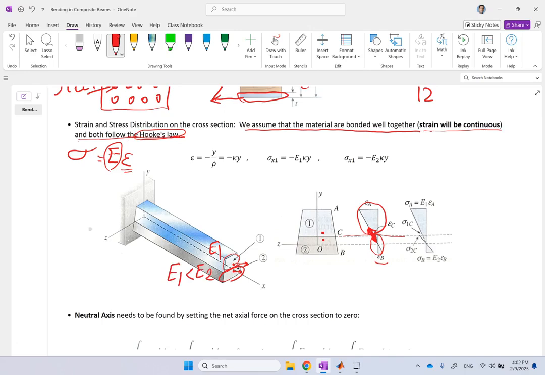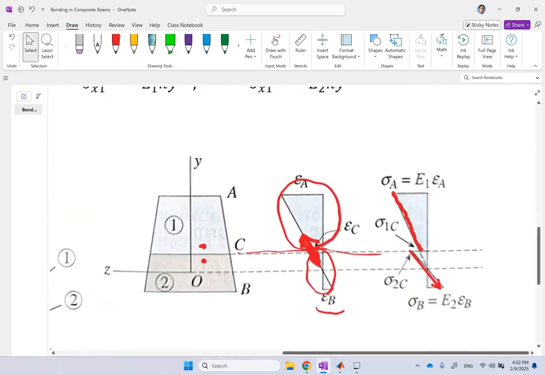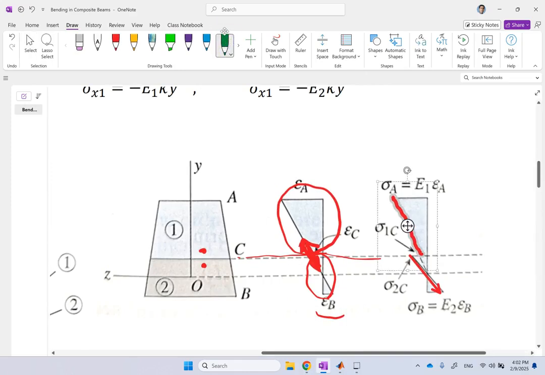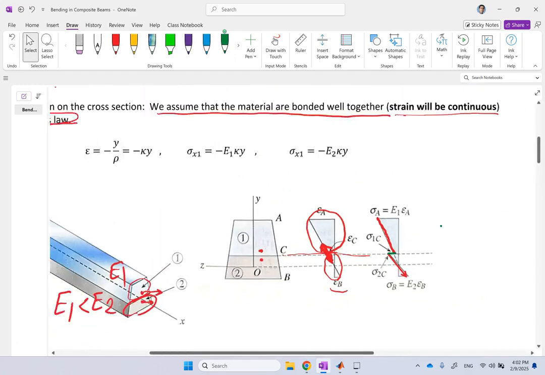So the stress profile goes like this, and then right here at the boundary, you're going to have a drop. This drop here from sigma 2 to sigma 1 is because the E is changing. Okay, so the profile of stress is not continuous, but the profile of strain is continuous.